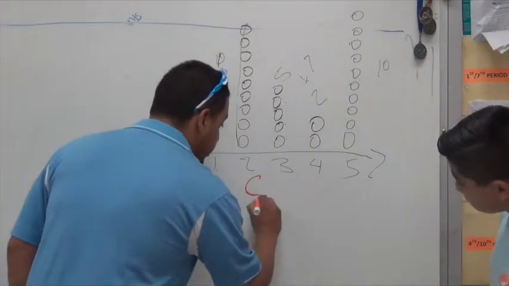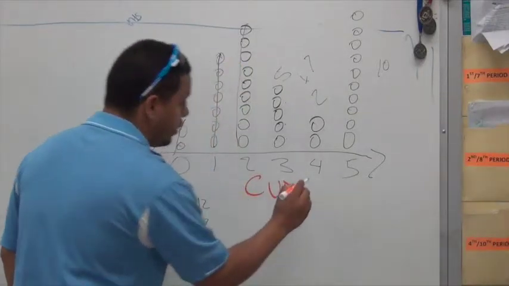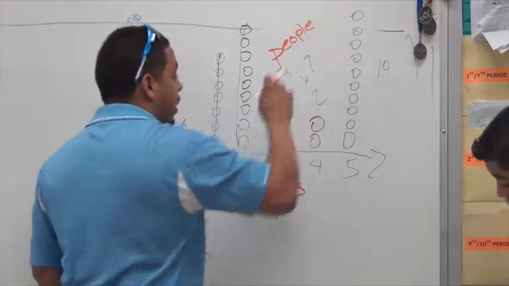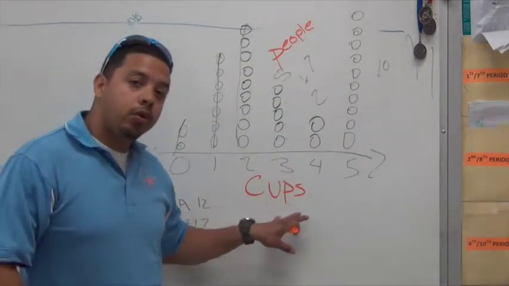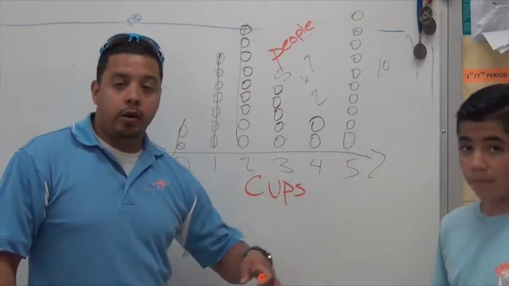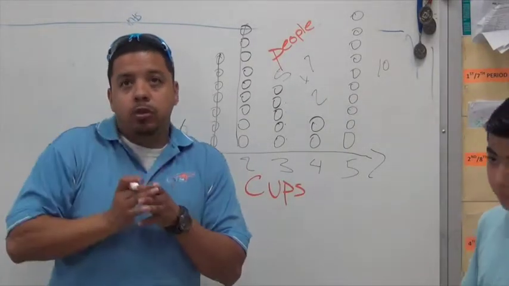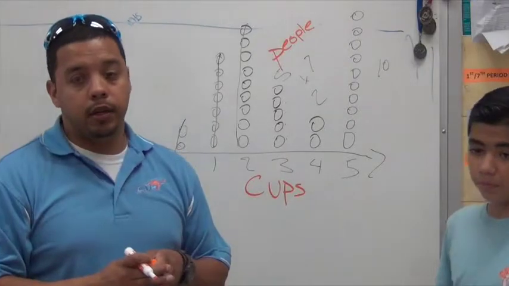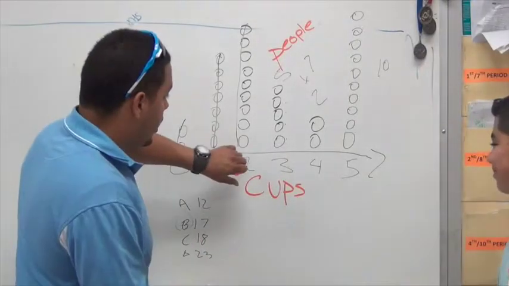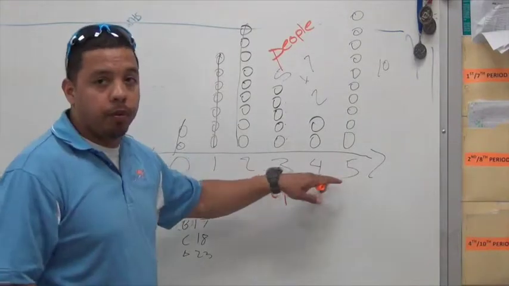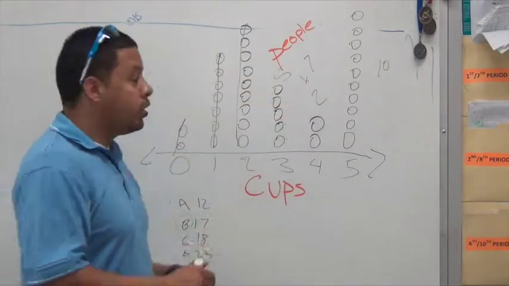He said this was cups and this was people. Okay? So if you actually label your table, as silly as that sounds, you're able to look at this problem very different, okay? And he said what a lot of people did is they mixed these up. So they thought that this was referring to people and this was referring to cups.